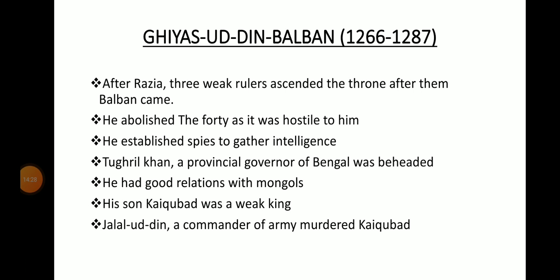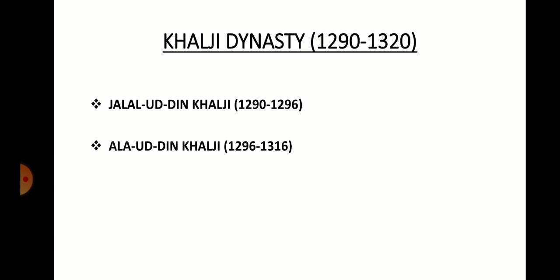So with Kaikubad, the slave dynasty came to an end, and his army commander Jalaluddin started a new dynasty named the Khilji dynasty, from the period of about 1290 to 1320 AD.